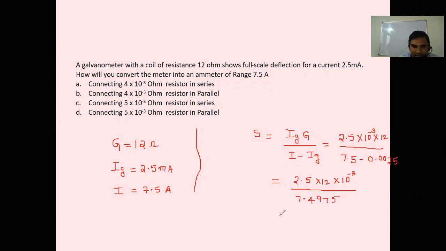By simplifying this we will get 4 into 10 power minus 3 ohms. S is the parallel resistance. So the answer is a 4 into 10 power minus 3 ohm resistor in parallel. So this is the way we have to solve it.